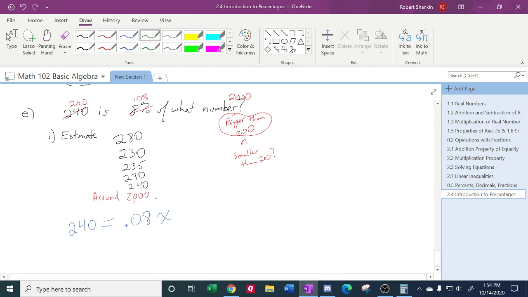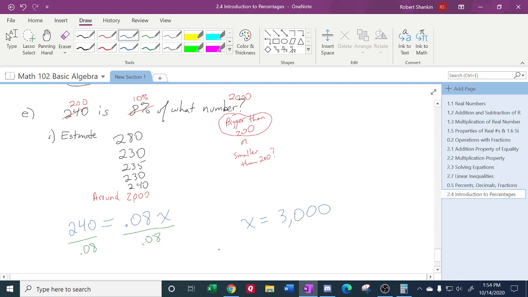Divided both sides by 0.08 to get 3,000. So if it had been a giant pool of money, and you only got 8% of this money, and it was $240, the original pool of money might have been 3,000, so 8% of that is this.